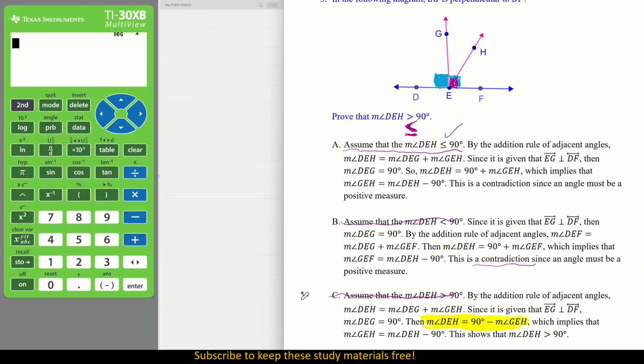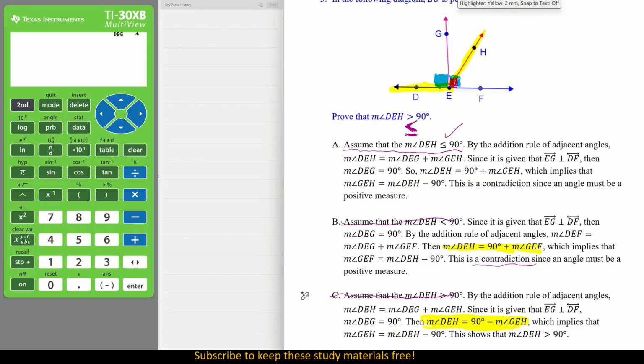It says then the measure of DEH equals 90 plus GEF. That's just not true. This is the angle DEH. That is 90 degrees plus GEH, not GEF. So that's an untrue statement. That statement alone is incorrect.